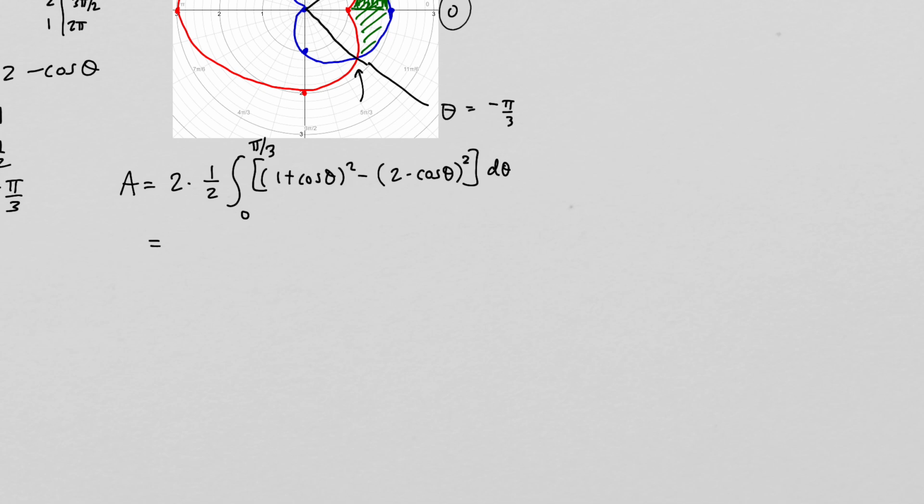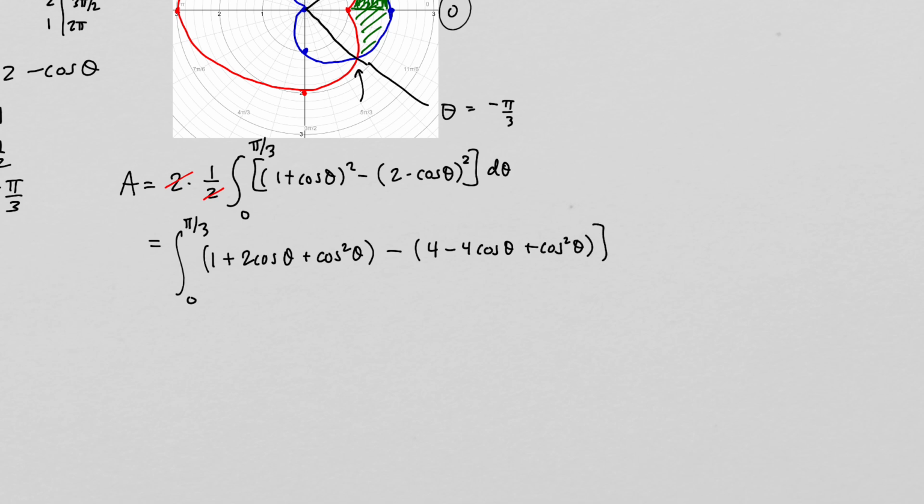Of course, 2 times 1/2 is going to cancel out, and so we end up getting the integral from 0 to pi over 3 of 1 plus 2 cosine theta plus cosine squared theta, minus, and then the second one, when you multiply it out, is 4 minus 4 cosine theta plus cosine squared theta, d theta.